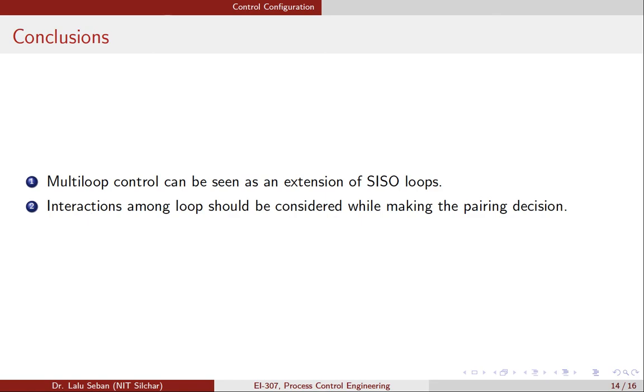When we select decentralized control, interactions, which I have not discussed in this video, are very important. Whether it is diagonal pairing or off-diagonal pairing in a 2 by 2 process, the interactions play a key role and should be taken care of.